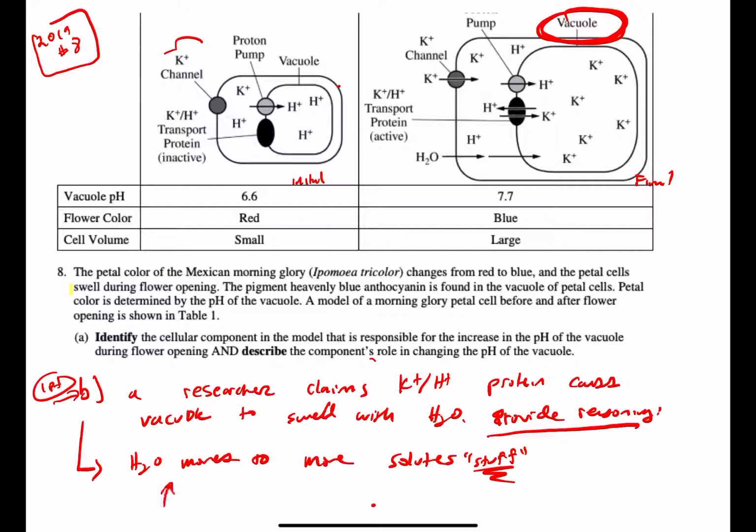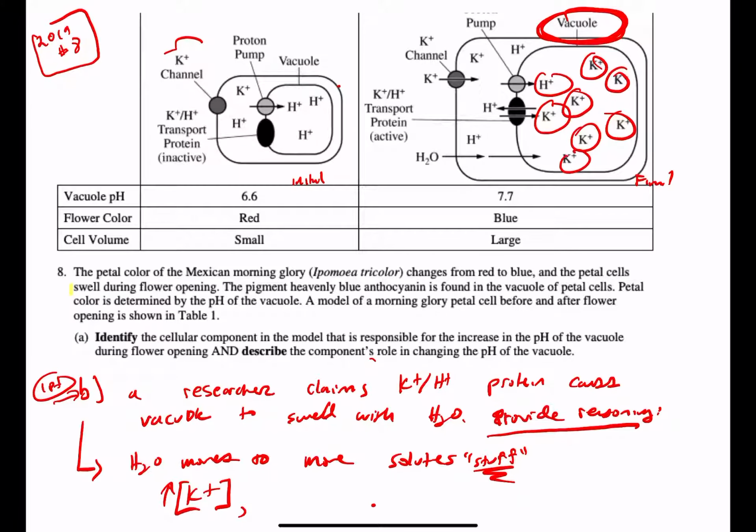If you increase the potassium concentration, those little brackets remind you that's concentration, you're causing the water to want to go to where there are more potassium ions. The more potassium ions there are, the more water wants to rush in.